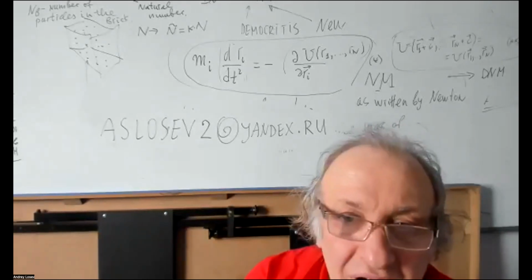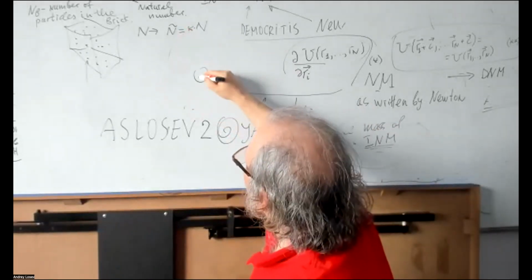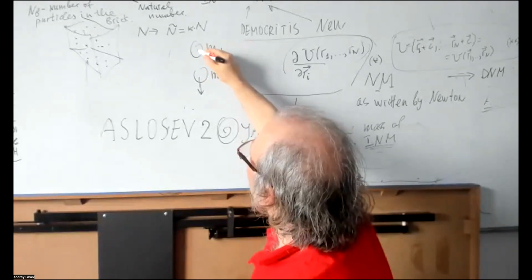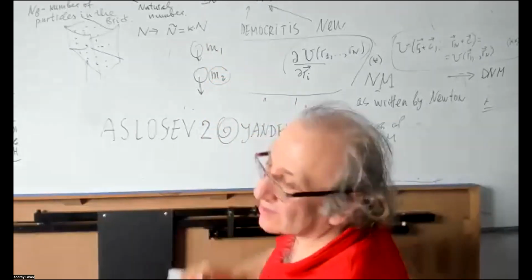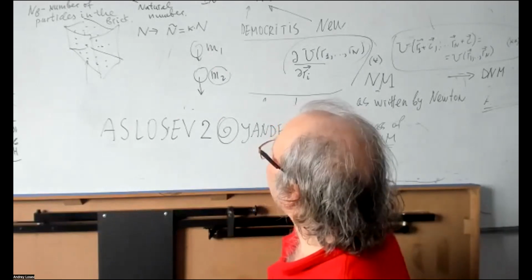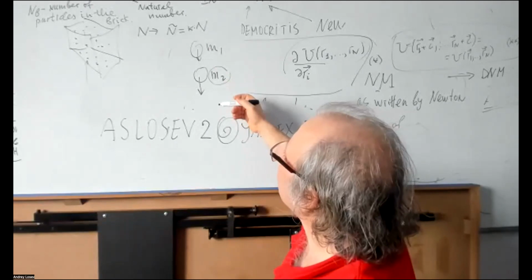So Galileo's argument was, when we have two bodies, M1 and M2, suppose that the heavier body falls faster. Just imagine that the acceleration depends on mass.